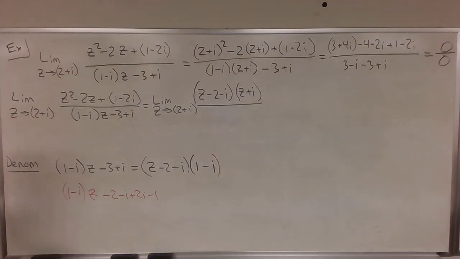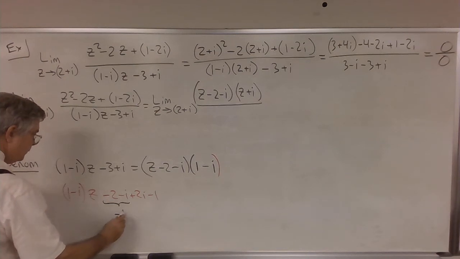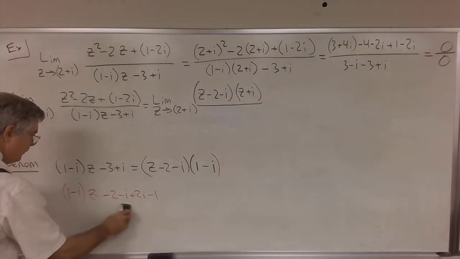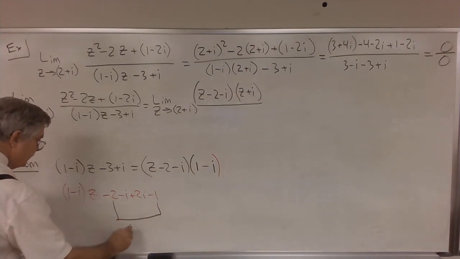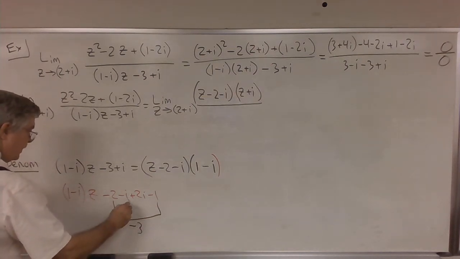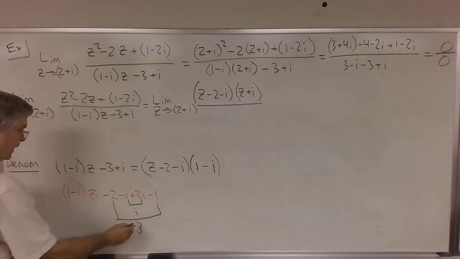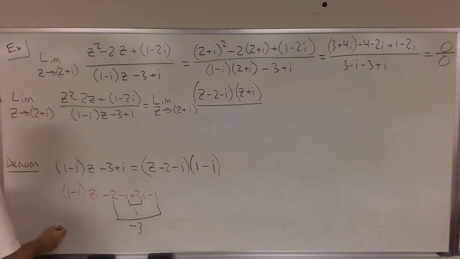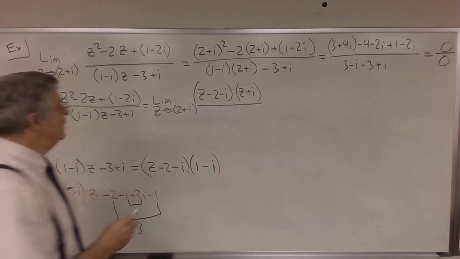And let's see. This is minus, whoops, no it's not. This and this give us minus 3. And these two give us i. Minus 3 plus i, that's it exactly. Okay. This is the factorization of the denominator.